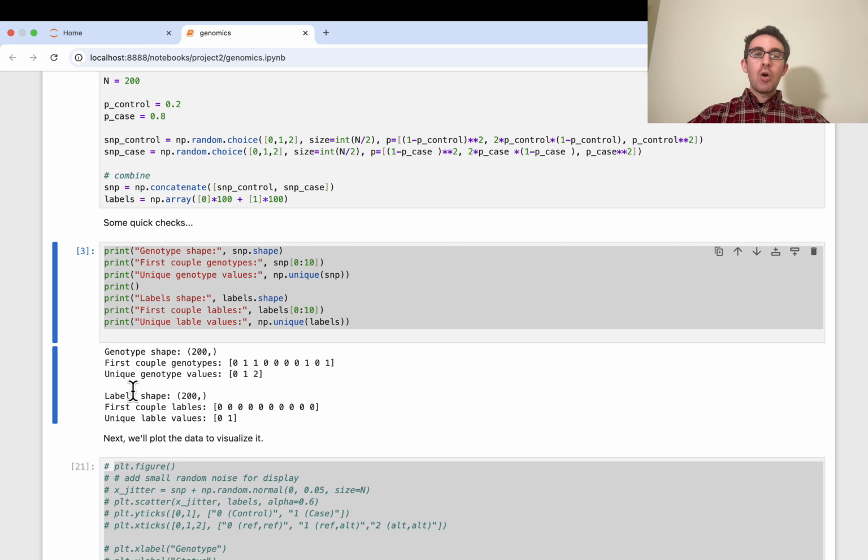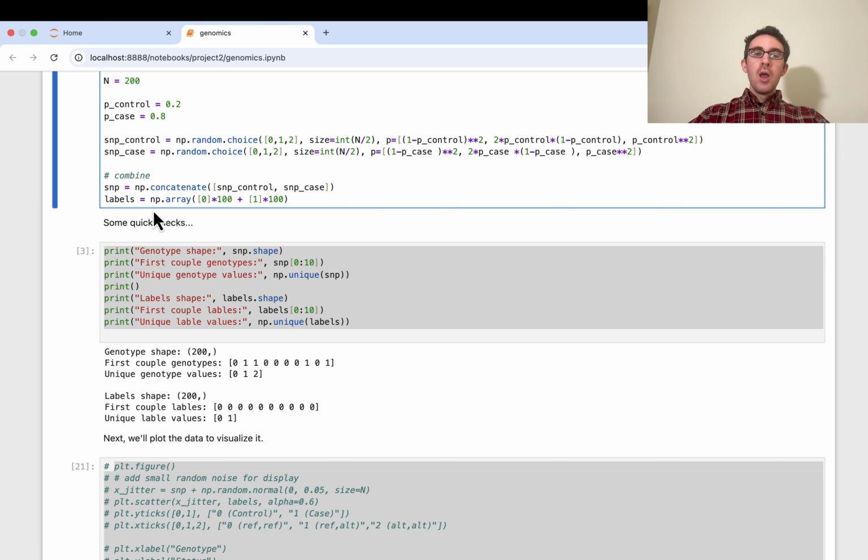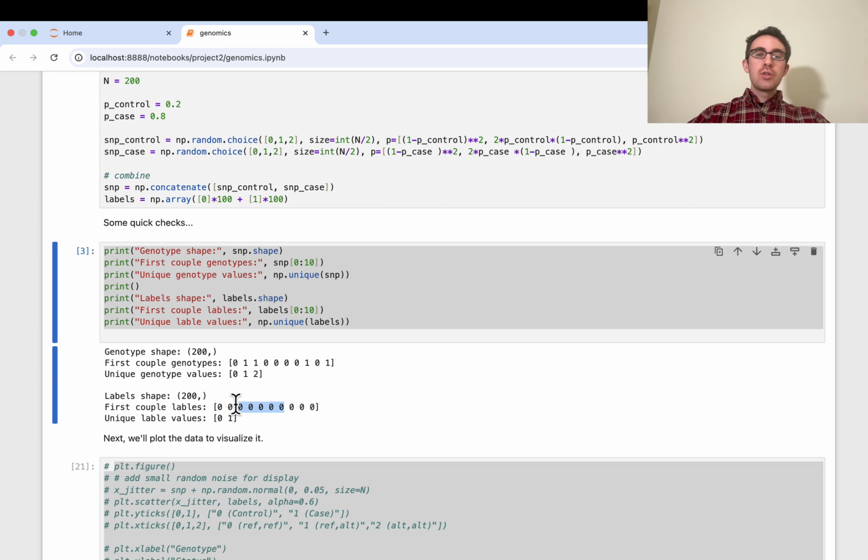And then also printing out the labels, where rather than labeling them with strings that say control and case, we're just going to label the control and case phenotypes with zeros for the controls and ones for the cases. So in the labels array we also have zeros and ones, but they mean different things than the genotypes.